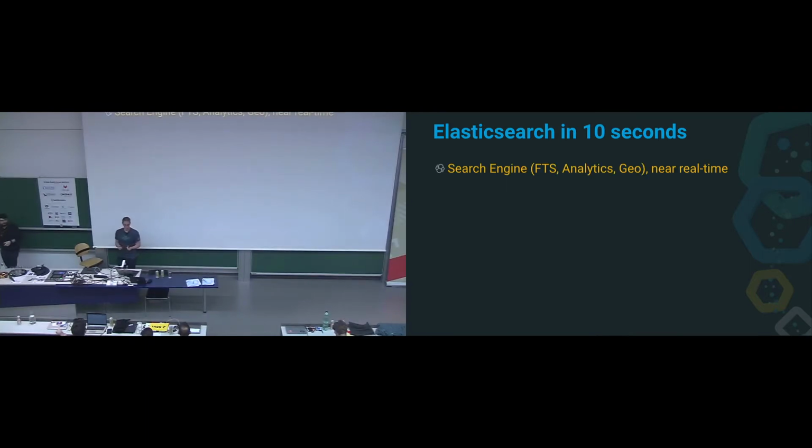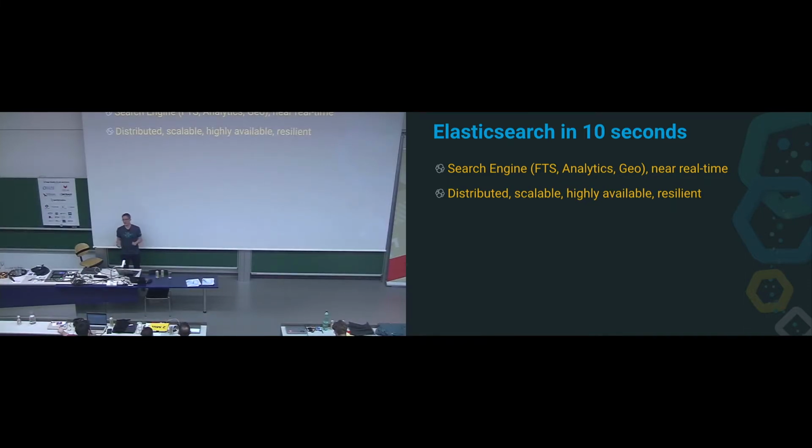And Elasticsearch at its core is a search engine. You can use it for things like full-text search, think Wikipedia, analytics or geo-based search, or you can combine all of those together. It tries to be near real-time, which basically means once you index data, this data should be available for search as fast as possible. It's distributed, so you can run it on one node or on hundreds of nodes. It's highly available and resilient.